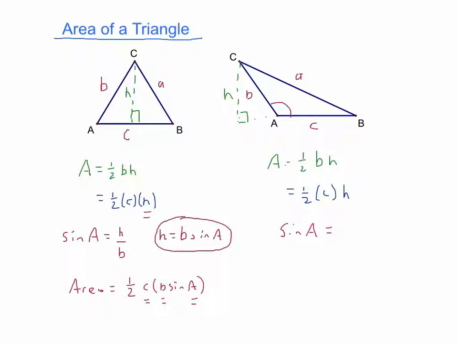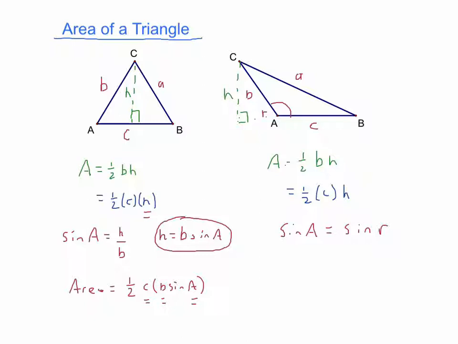But if I look at the angle there to the left of angle A, I'm going to call that angle little r, because that angle r and the angle A are supplementary angles. And so, as we just saw, the sine of A should equal the sine of r.